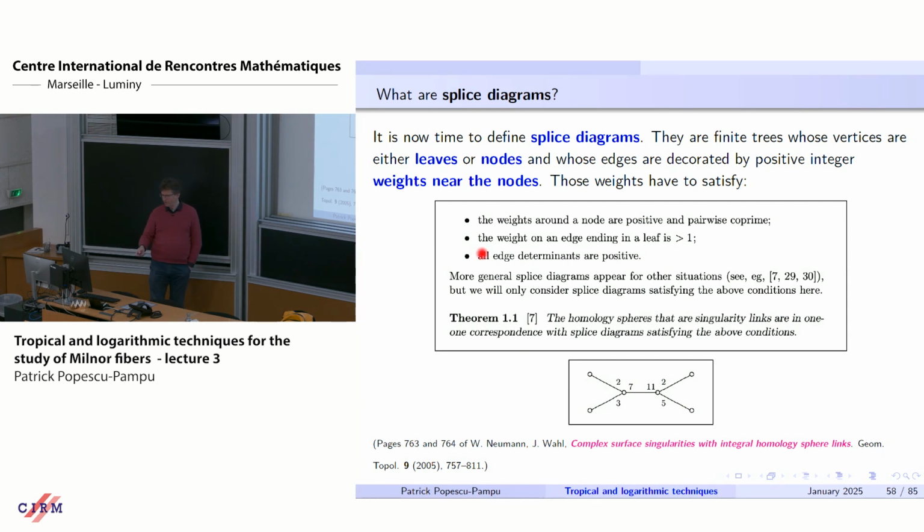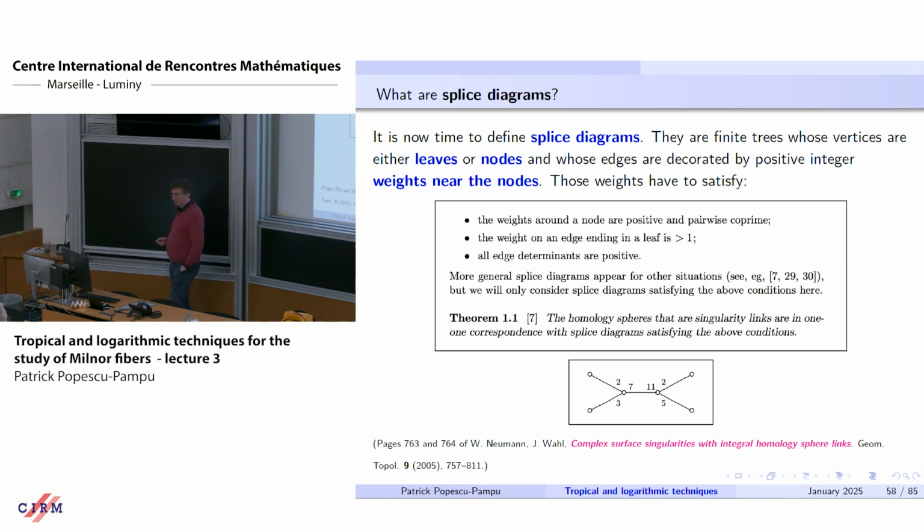First of all, these weights should be pairwise coprime around each node, which happens here with 2, 3, 7 or 2, 5, 11. Here you can notice that there are prime numbers, but they should not be prime. If you want to have small numbers, the easiest way to give an example where you have coprime things is with prime numbers. Otherwise, the numbers become rapidly big.